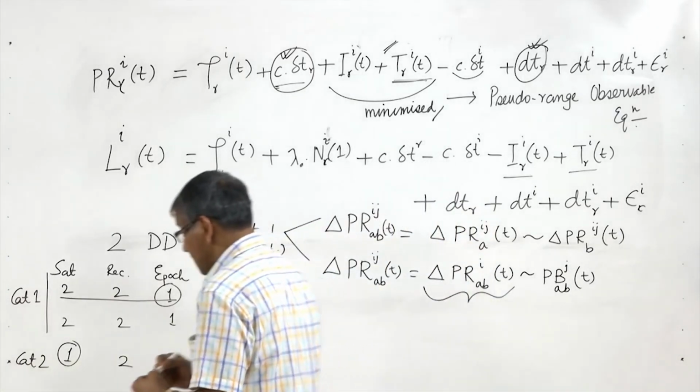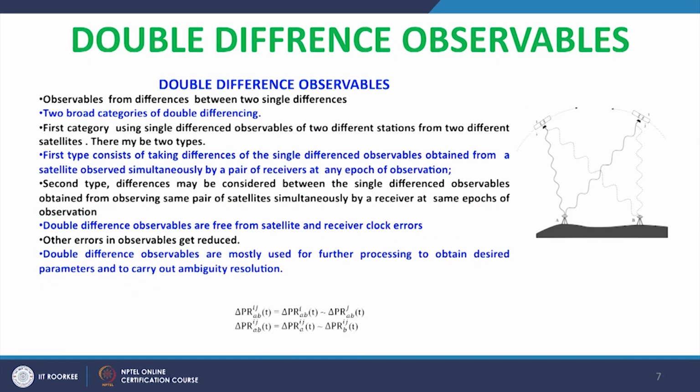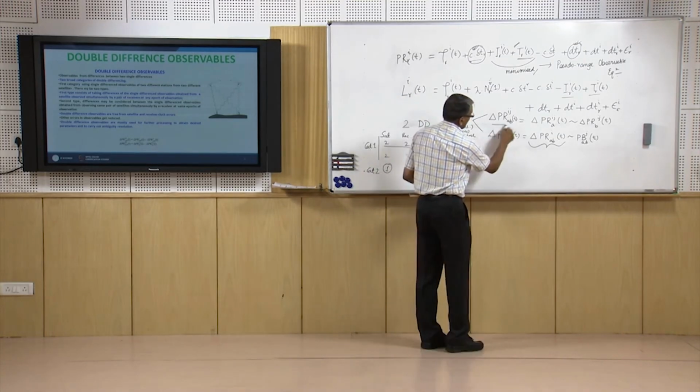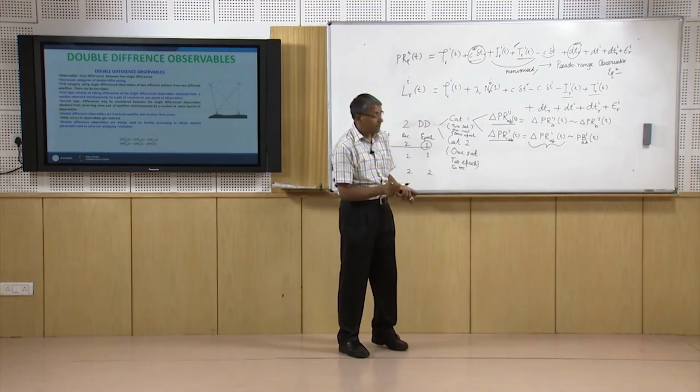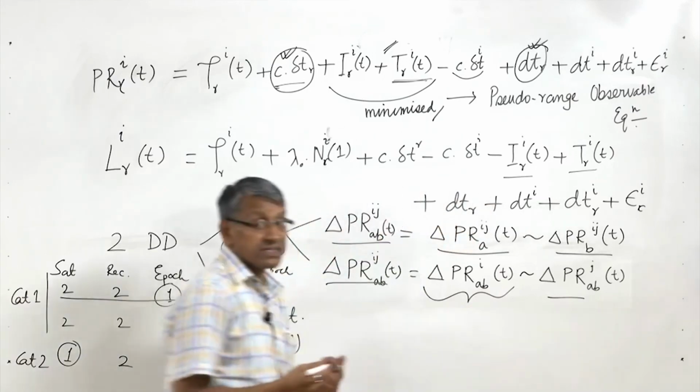This is the single difference variety. We have seen the single difference where we have taken the signal coming from a single satellite to the receiver. And when we take another satellite, in this case J satellite, from there we are taking it. So apparently it looks like both are the same, but it is not the same, because here you will see the implications are different.